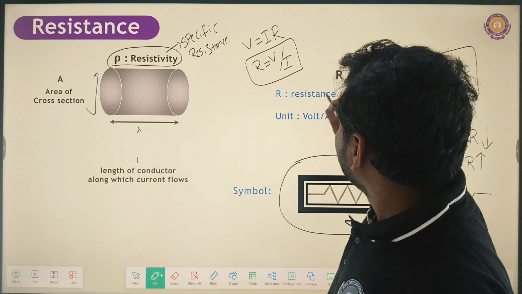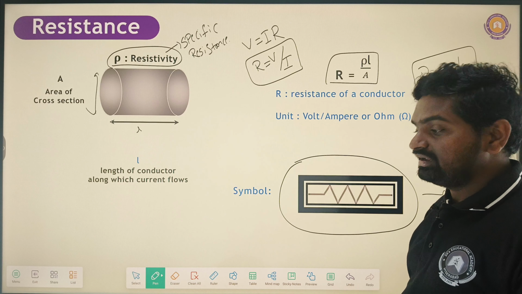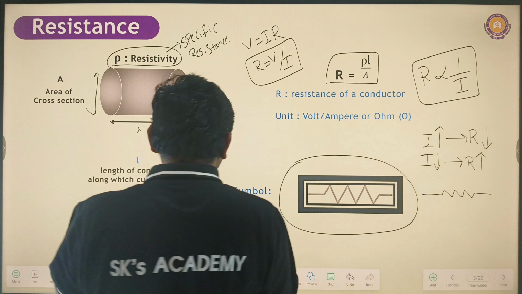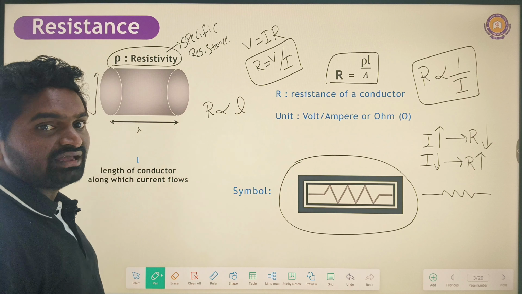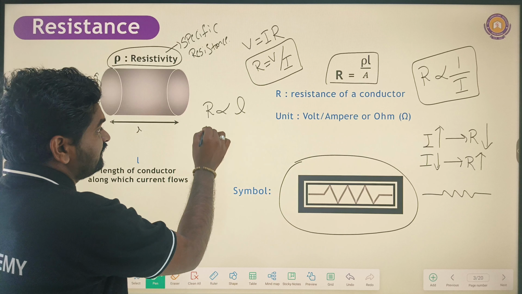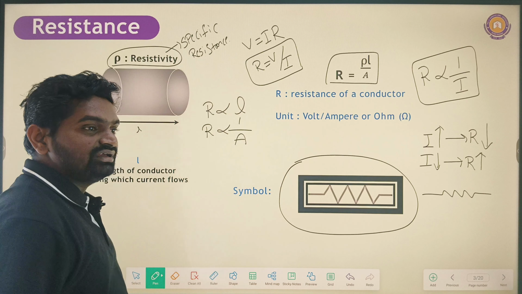So resistance R is equal to rho into L by A. Resistance is directly proportional to the length of the conductor, and inversely proportional to the area of cross section.